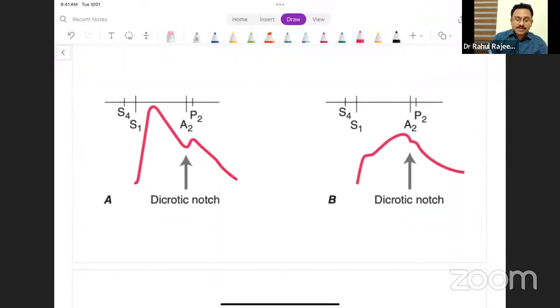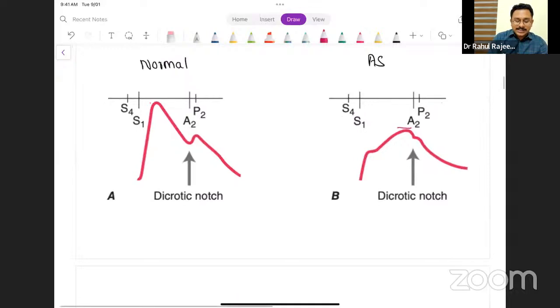If you see this image comparing the normal pulse with the pulse of aortic stenosis, you can see that the pulse is of relatively low amplitude, which is the pulsus parvus. And you can see the peak also is achieved later in comparison to a normal pulse. So it is a slow rising and late peaking pulse.